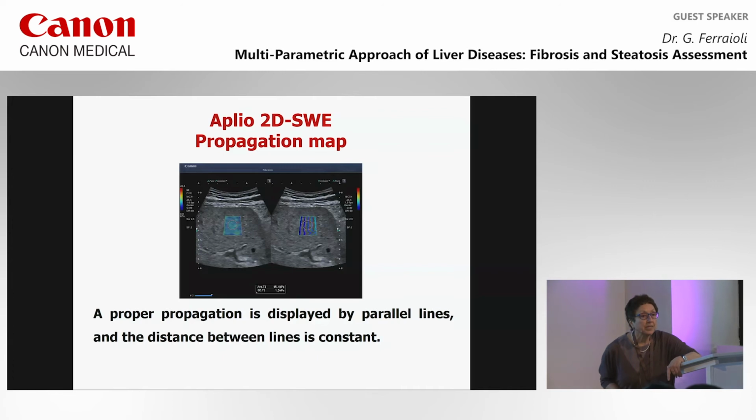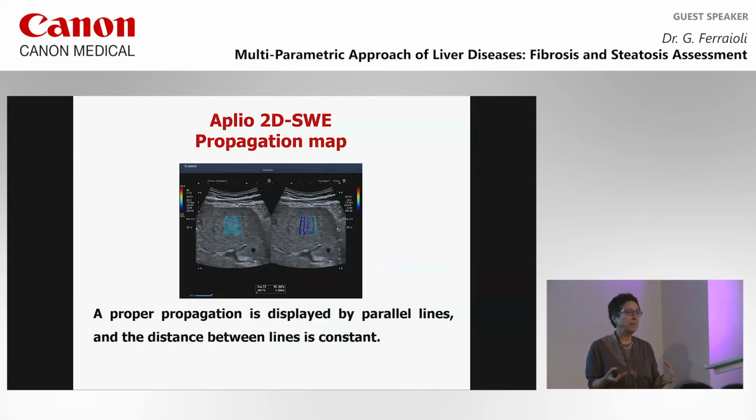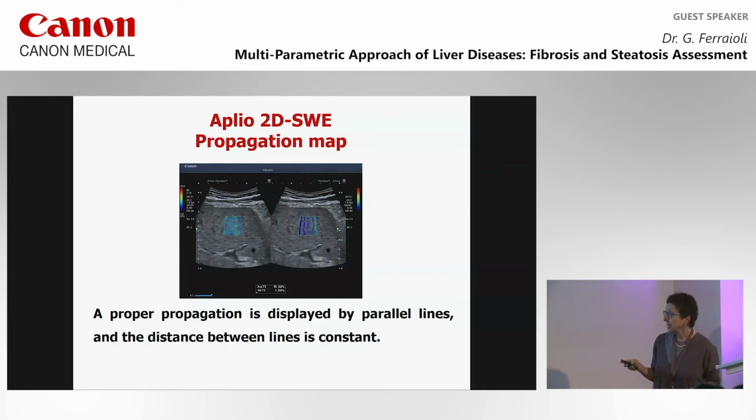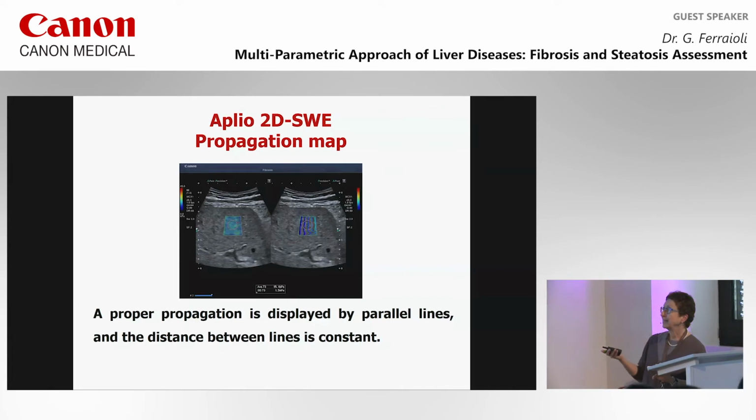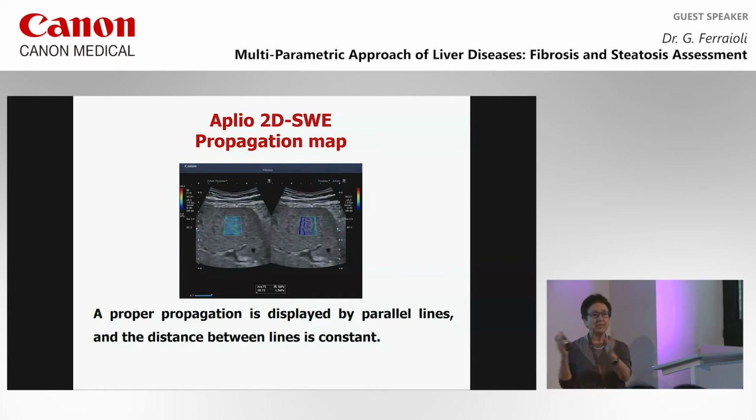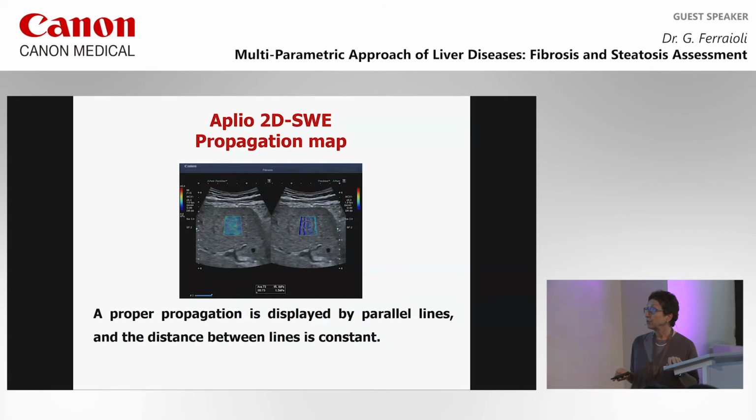It is important to have a guide when we perform a measurement with a system. And I have to say that Canon has a very reliable guide, and this is very important: the propagation map. Measurements should be performed when the lines are parallel and there is the same distance between consecutive lines.